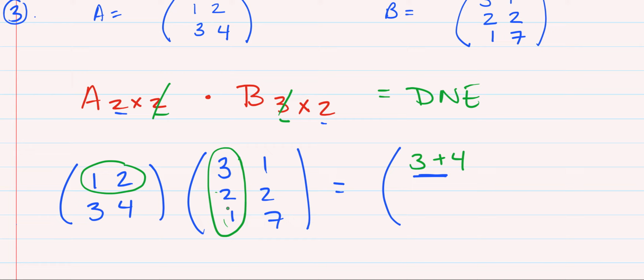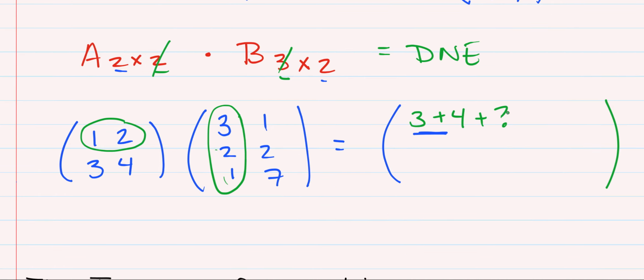So when you don't have the same number of entries in the row as you have in the column, then you can't multiply them. So this would be a question mark because you just can't actually multiply them together. So you would say does not exist.